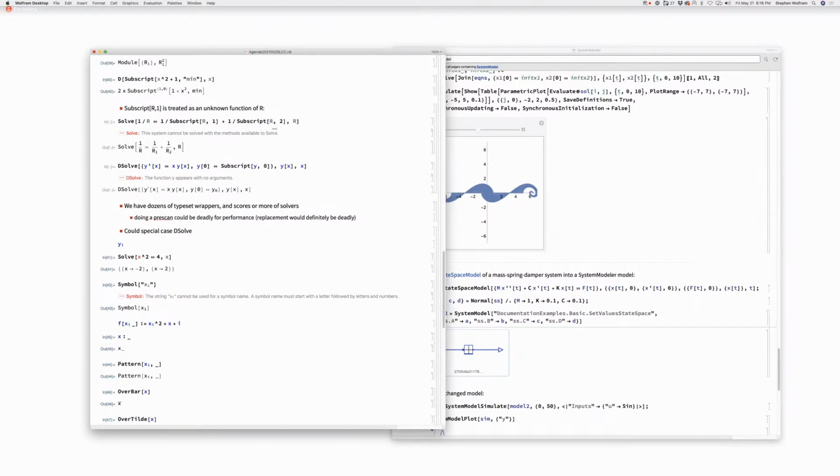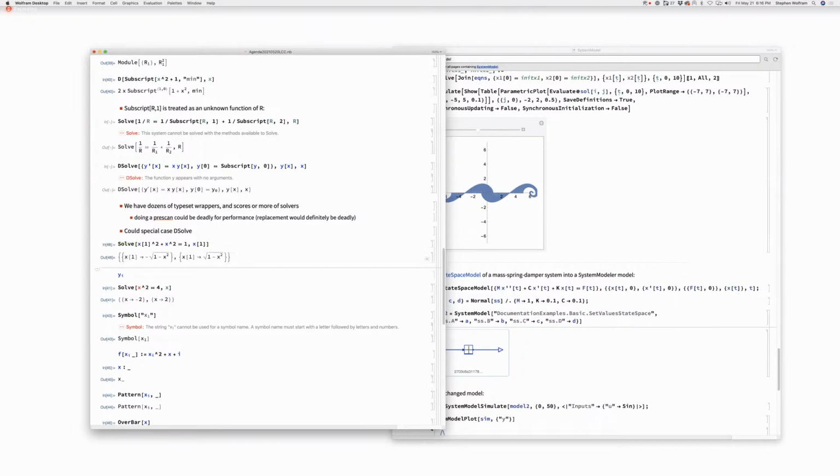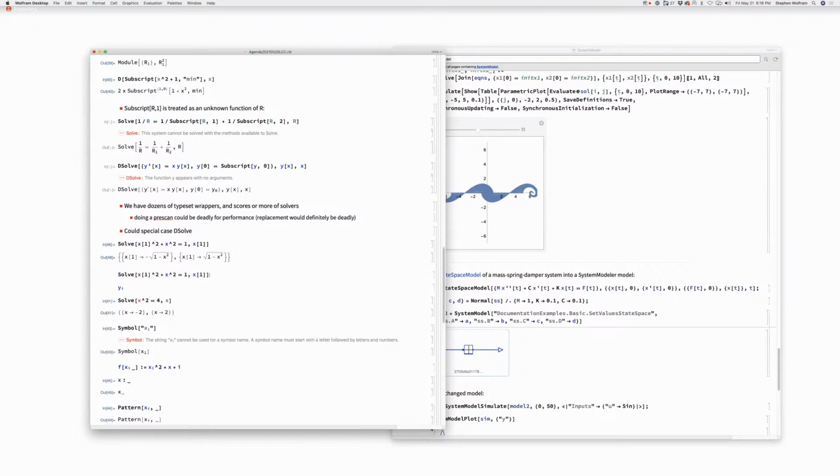For example, that's a different and perfectly reasonable question of what happens if you say solve x sub 1 squared plus x squared equals 1 with respect to x sub 1. Okay, that was fine. Now, what happens if I say solve it with respect to x?